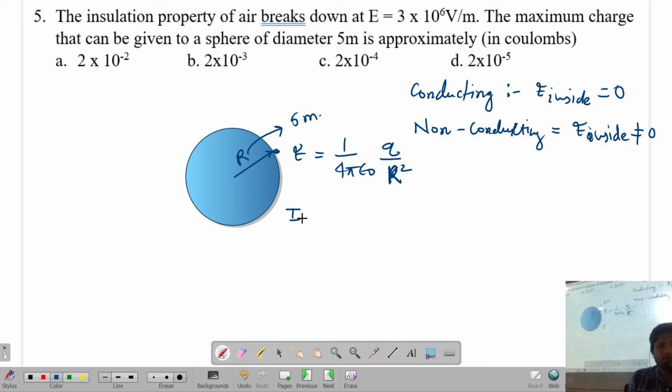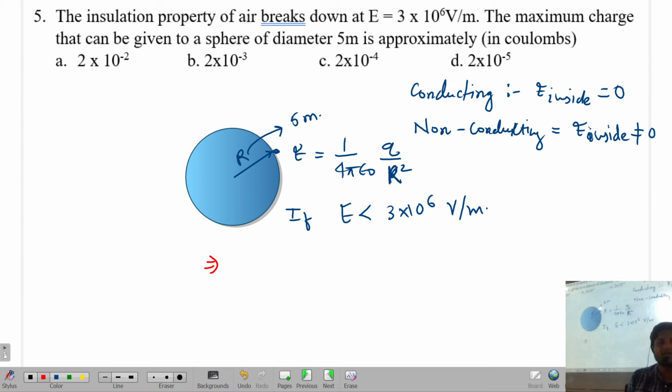Now, if the electric field is less than 3 into 10 to the power of 6 volts per meter, what is happening? What has happened? The sphere is what?